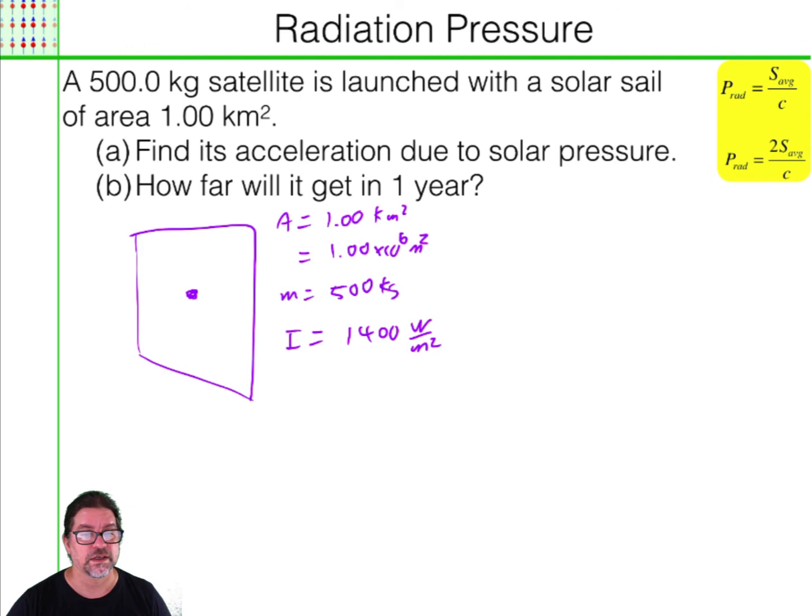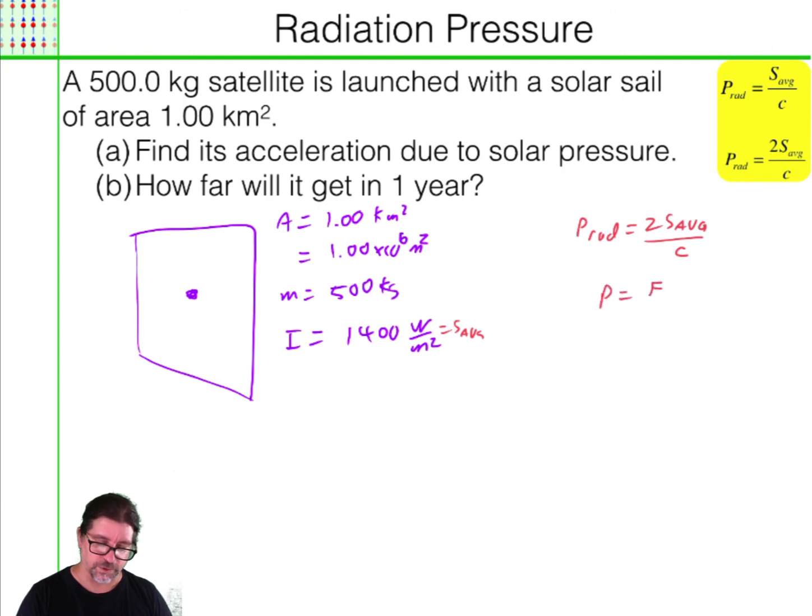So we can do everything here. We're going to use our equations. We're going to use that P radiation is 2 S average, or 2 times the intensity over C. This is also S average. We're going to use that pressure is equal to force per unit area, or the radiation pressure is the force due to radiation per unit area.